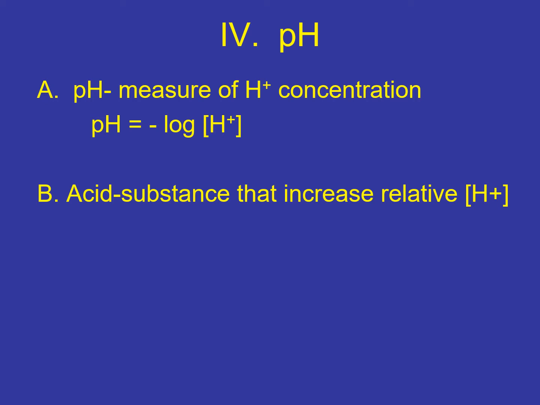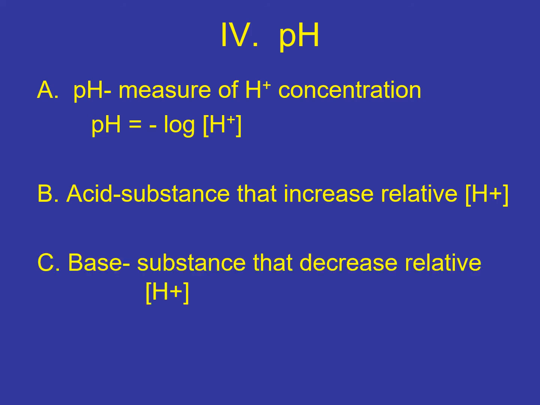An acid is a substance that causes an increase in the relative hydrogen ion concentration. A base, on the other hand, is a substance that causes a decrease in the relative hydrogen ion concentration.